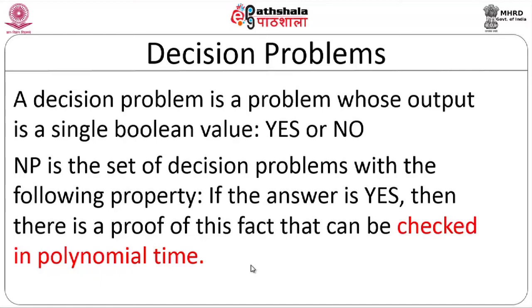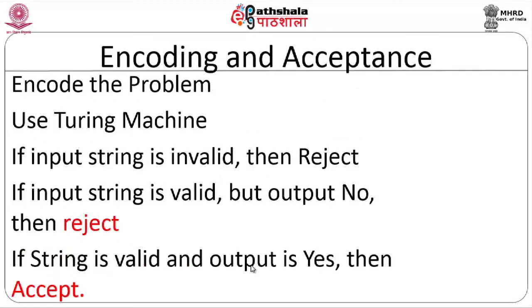So, the requirement of using a Turing machine is that a problem should be taken and converted to a decision problem, where the output is going to be either yes or no. The logic is very simple. We are taking decision problems and we are going to check whether this problem can be checked in polynomial time or not. So, take the problem, encode that, take the Turing machine and feed the problem as a set of strings to the machine.